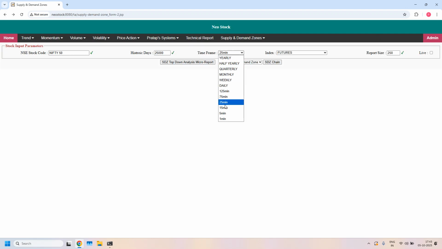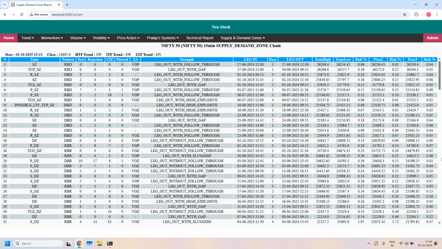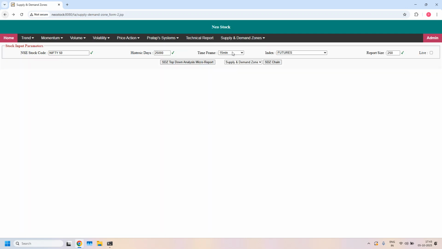Next, generating 15 minutes supply demand zone chain for Nifty. Next, generating 5 minutes supply demand zone chain for Nifty.